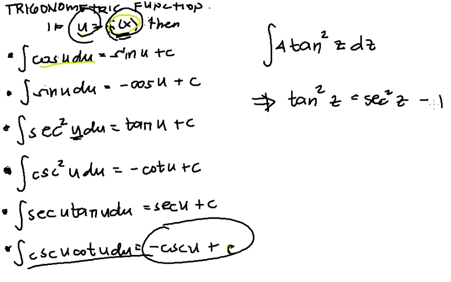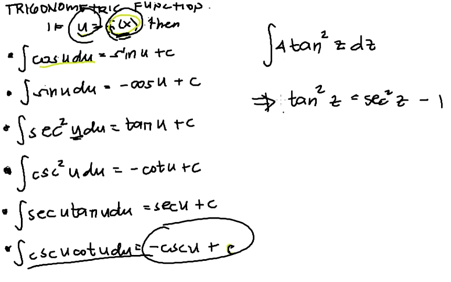So based on your trigonometry, tangent square plus 1 is equal to secant square z. So by doing the algebra, we have tangent square z is equal to secant square z minus 1. Okay, so you need to again recall your algebra, recall your trigonometry, recall your calculus 1 and other mathematics.